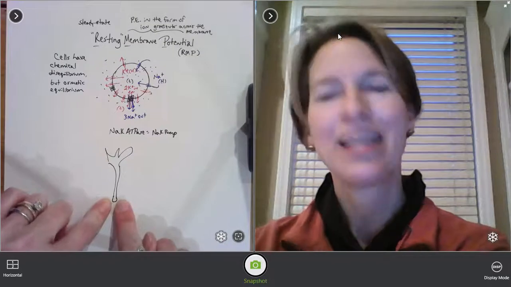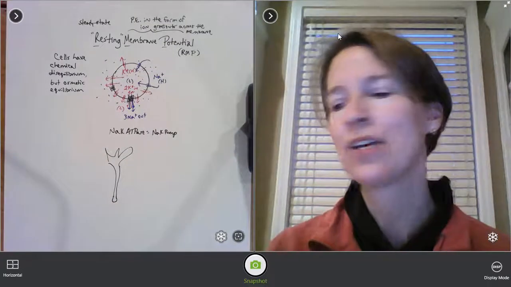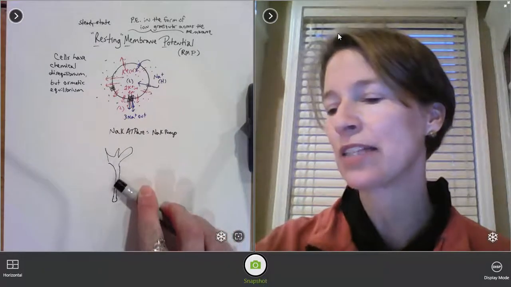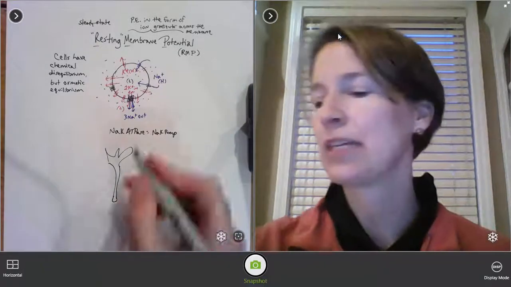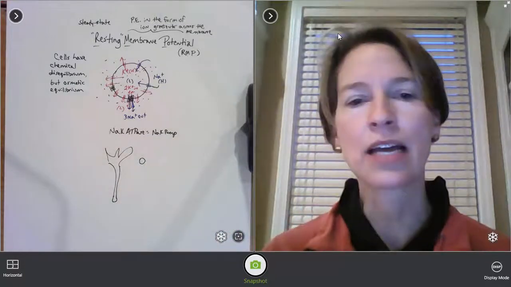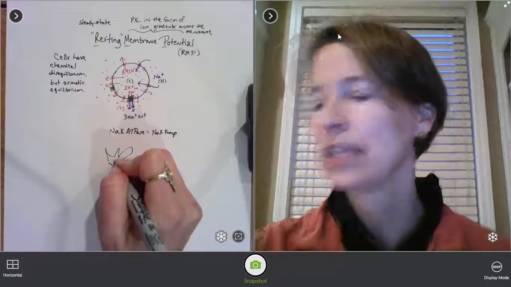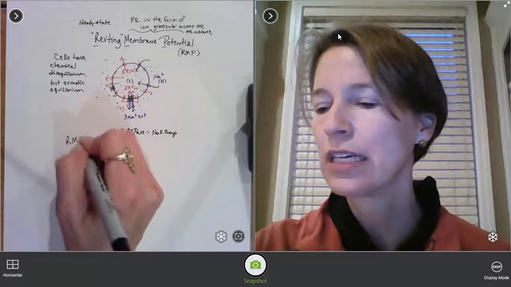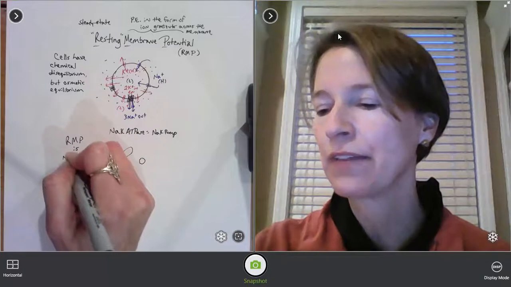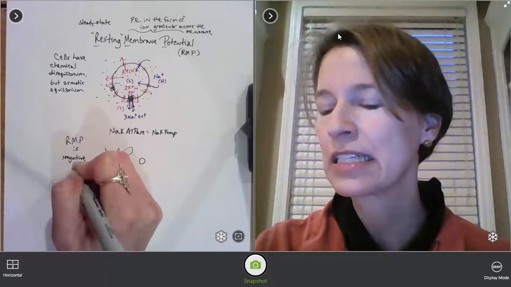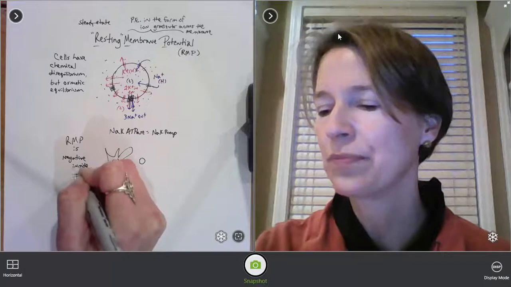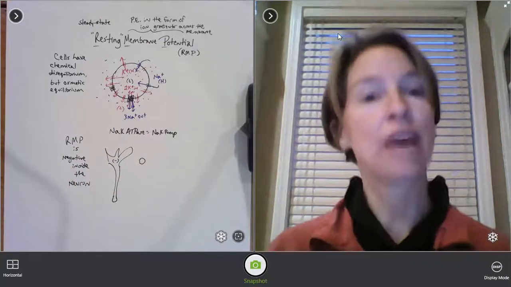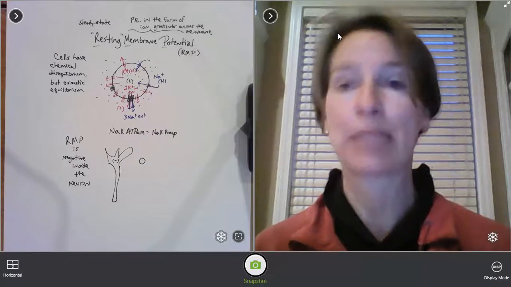Because it is. And if you were to go inside with a probe and stick it inside the cytoplasm, anywhere inside this neuron, you would get zero charge outside and it would be negative inside. The resting membrane potential is negative inside the cell. Why? Because we have lots of channels for potassium.